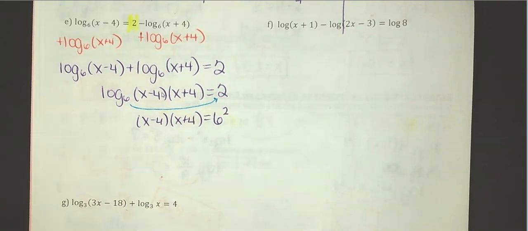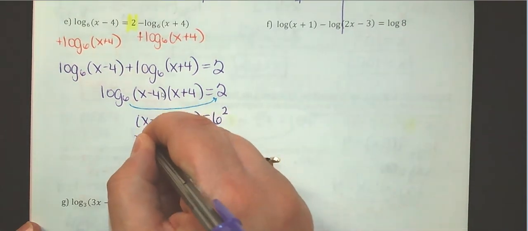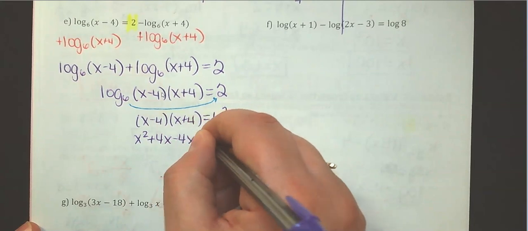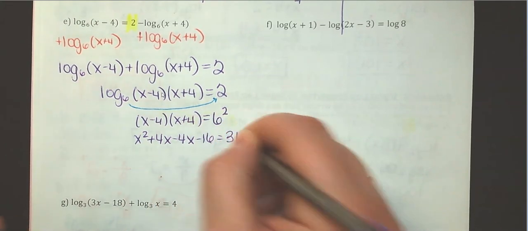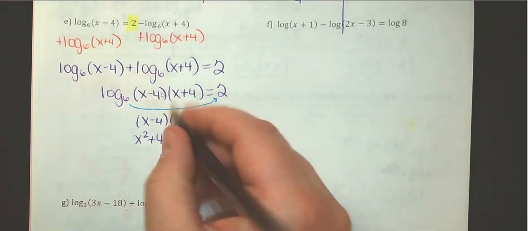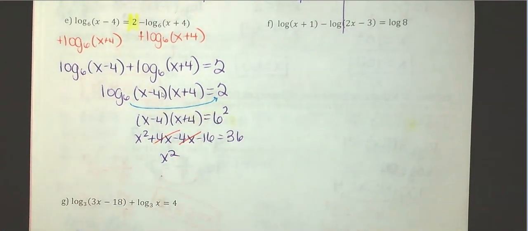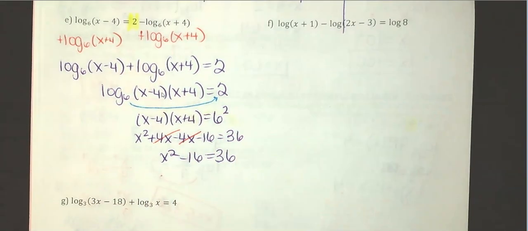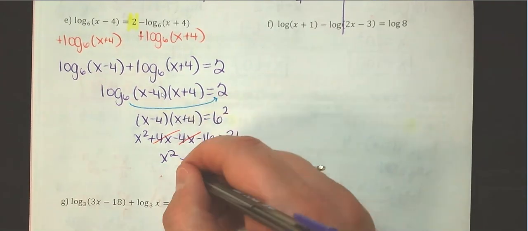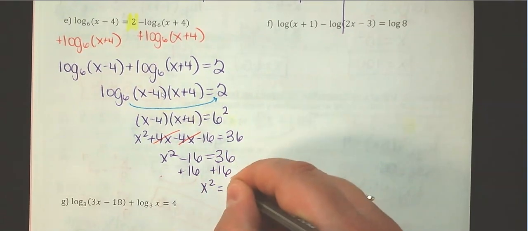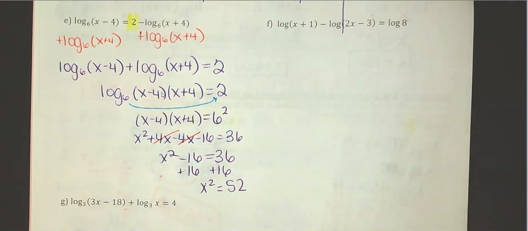Okay, so I'm just going to FOIL real quick. So we'd get x squared plus 4x, but then we'd turn around and get minus 4x, and then minus 16. 6 squared is equal to 36. Those two middle terms there are going to cancel each other out. So I'm going to get x squared minus 16 equals 36. We're just going to add the 16. This doesn't end up being a nice number here. Add the 16. You get x squared is equal to 52.